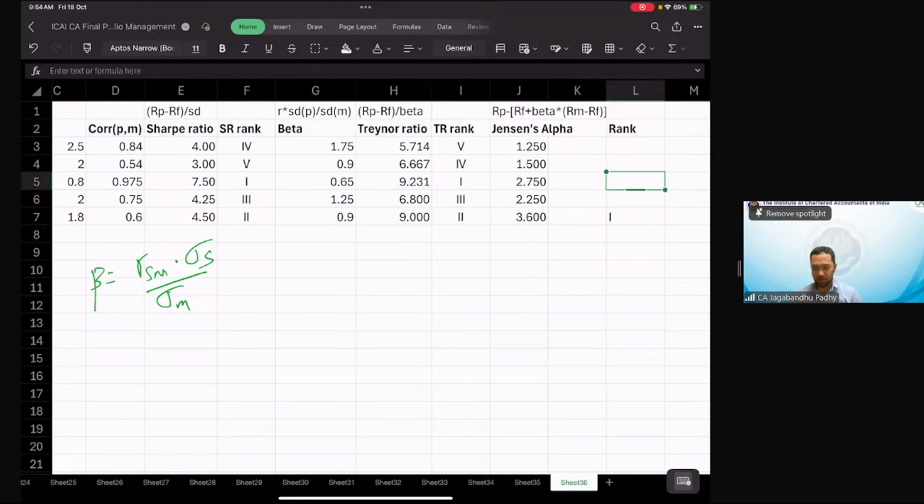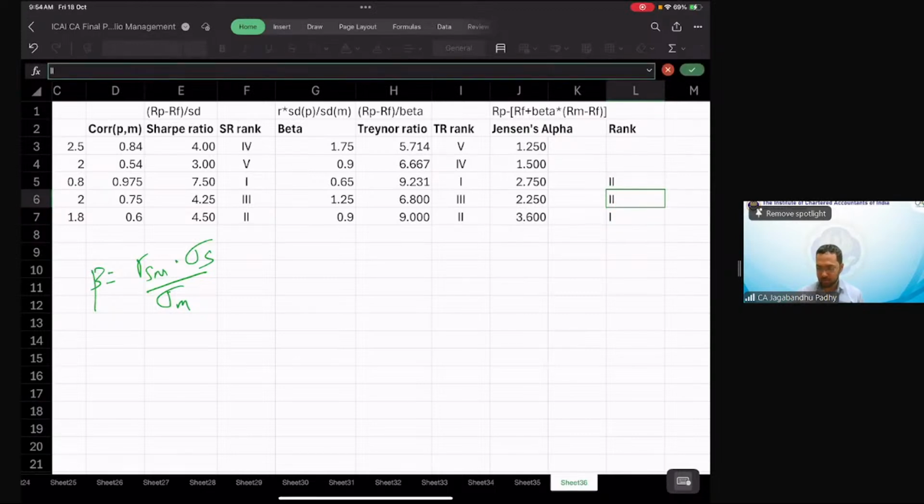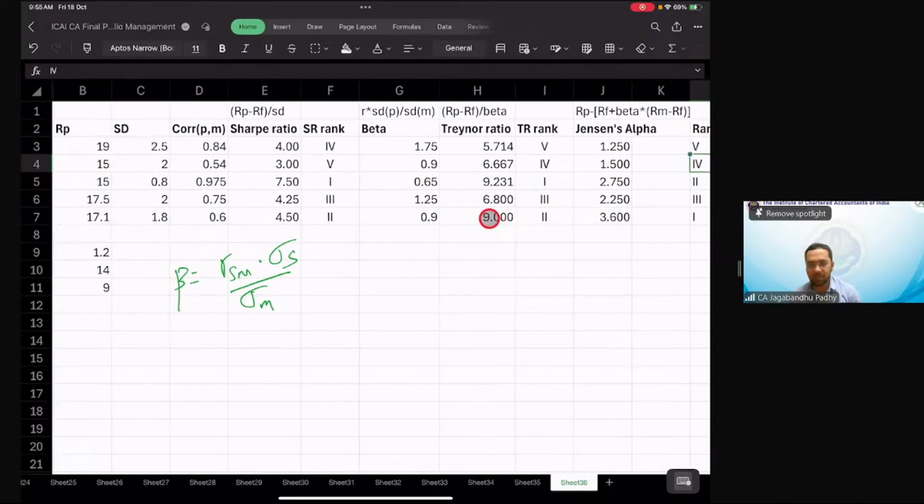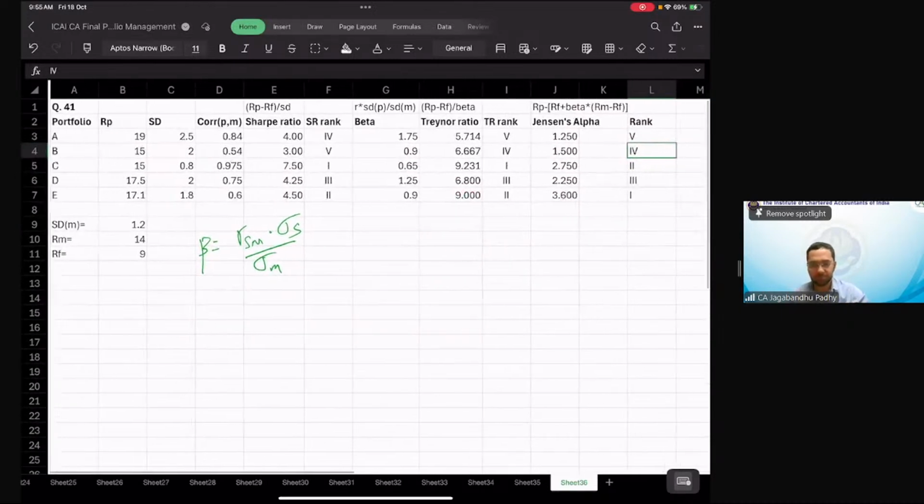Second rank will definitely go to the third. Third rank goes to the portfolio number 4, and then the fourth is for this, and the first one is the worst performer of all of them. Of course, it's giving you return more than your CAPM return, but compared to other portfolios, this has slightly underperformed.